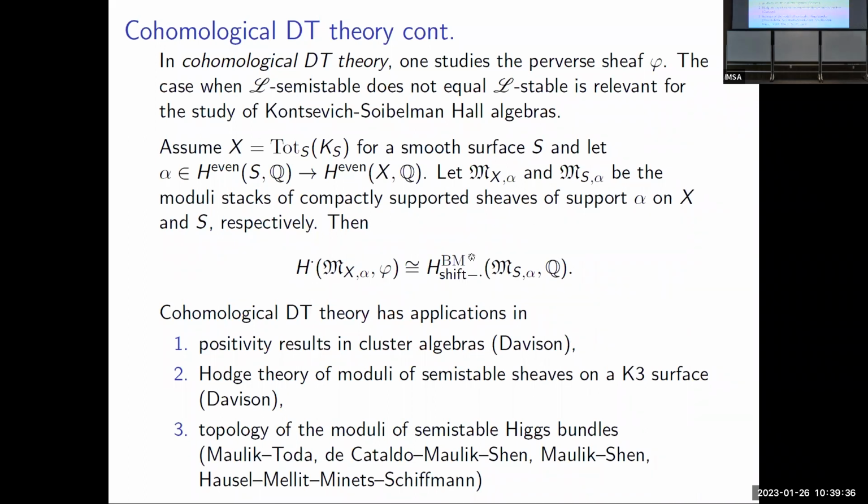And actually, if you start with the K3 category and you look at objects in the K3 category, you can show that this Hodge structure is pure. This is also work of Davison. Again, it uses these results about the Calabi-Yau threefold.